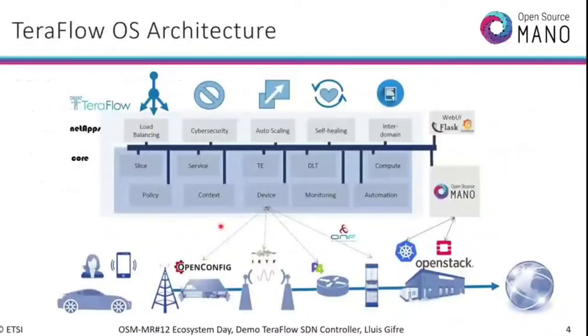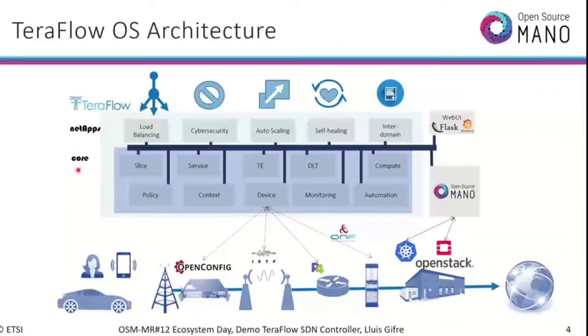Having said that, I will briefly present the architecture of the controller. As you can see, it's a microservice-based architecture with many services that have their responsibilities, and these services are classified into main groups.